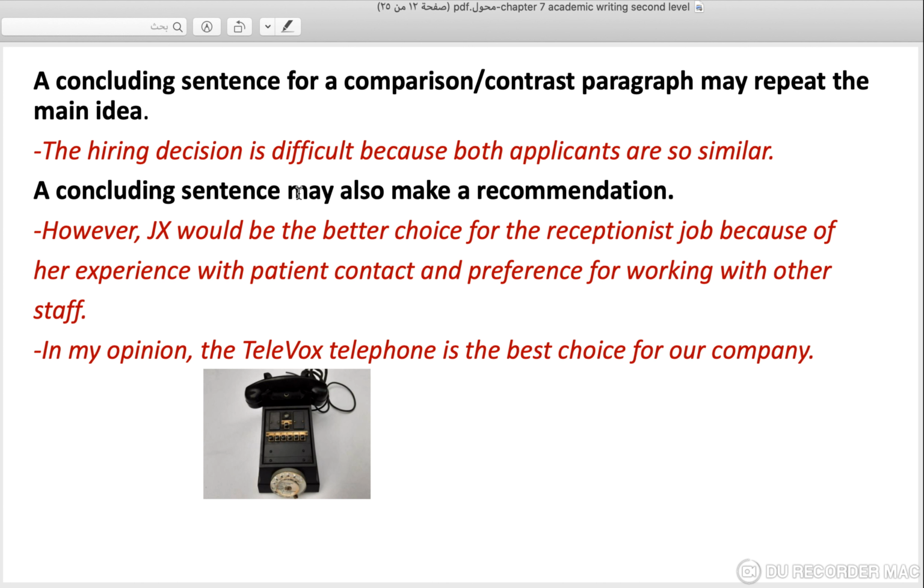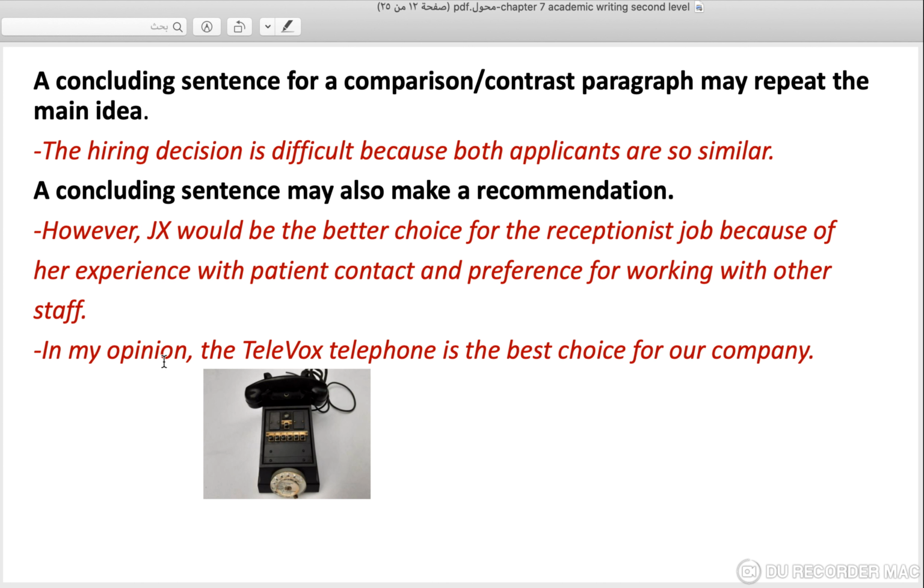A concluding sentence may also make recommendation. أيضا ممكن concluding sentence نلقى recommendation, suggestion. However, GX would be the better choice for the receptionist job because of her experience with patient contact and preference for working with other staff. هنا انطت recommendation هي انطت التوصية مالتها.